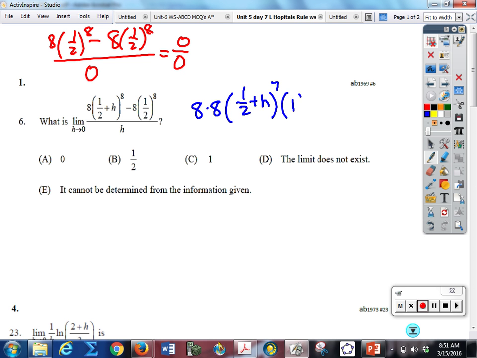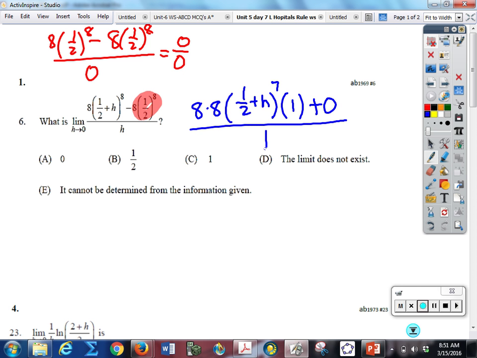And then what about the derivative of this part right here? Do I have any variables? It's 0. And what's the bottom? What's the derivative of h? 1. Now can I plug in 0?